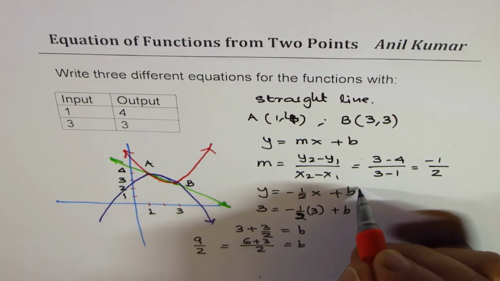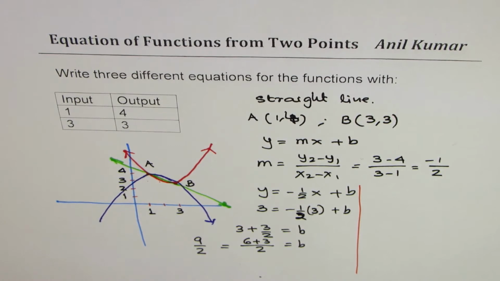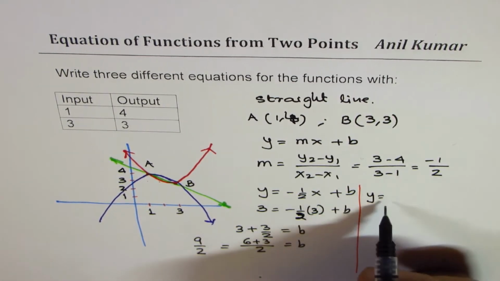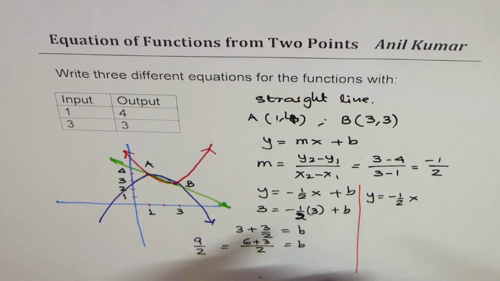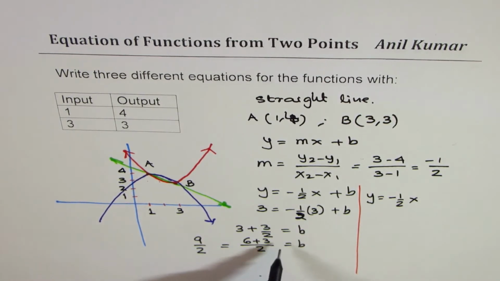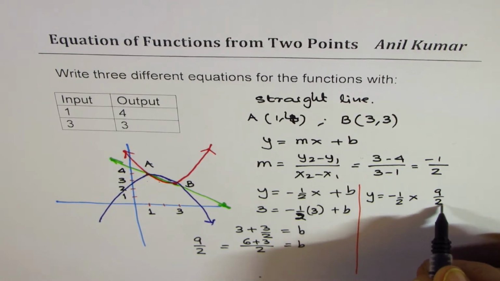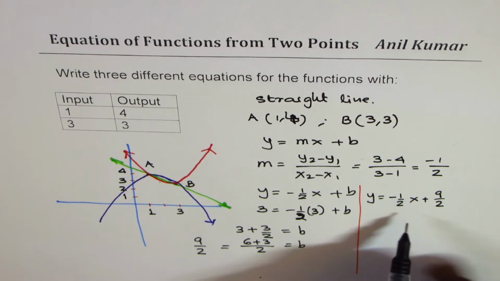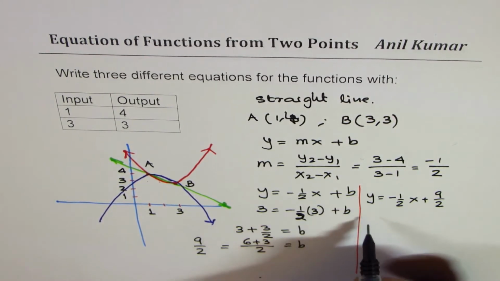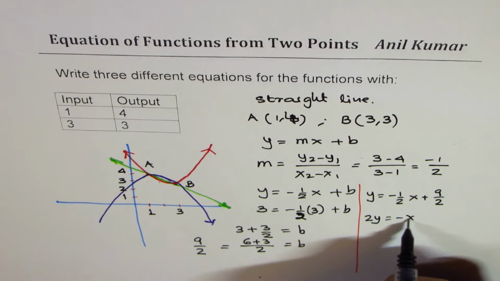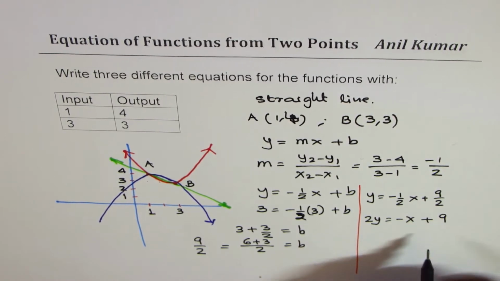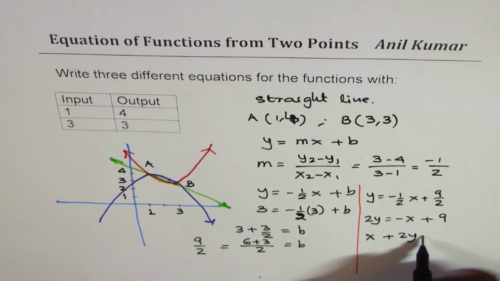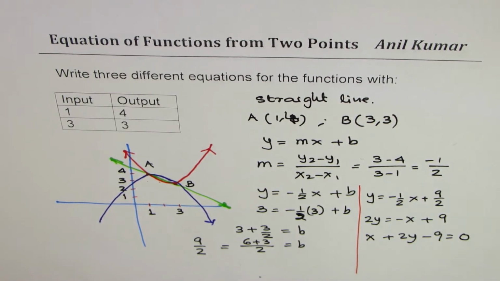Now if I substitute this value, I get my equation as y equals minus half x plus 9 over 2. We can write it in standard form, multiply by 2, so we get 2y equals minus x plus 9. Bringing them together, we get x plus 2y minus 9 equals 0.